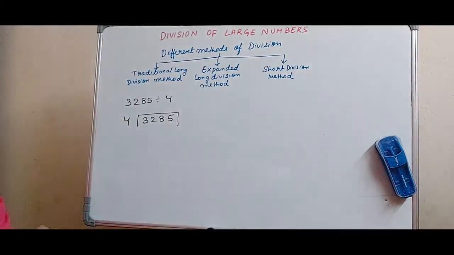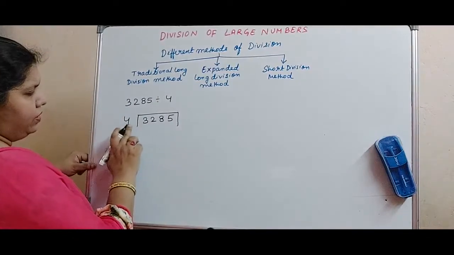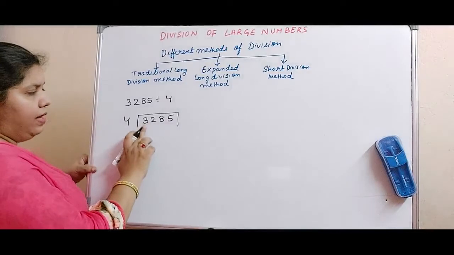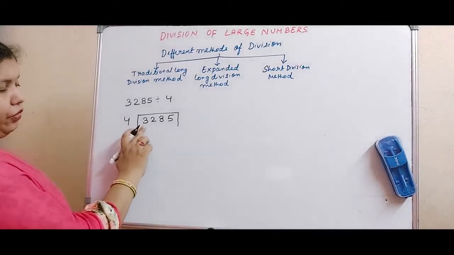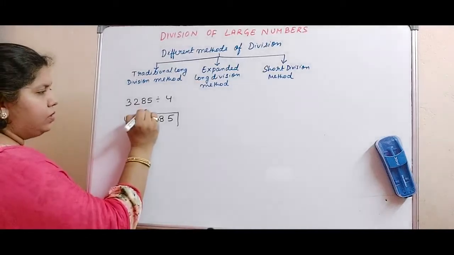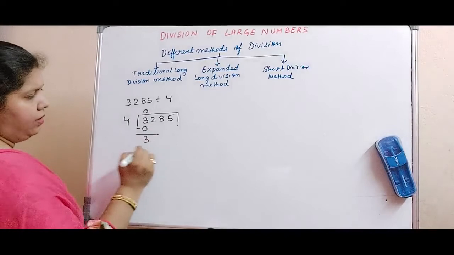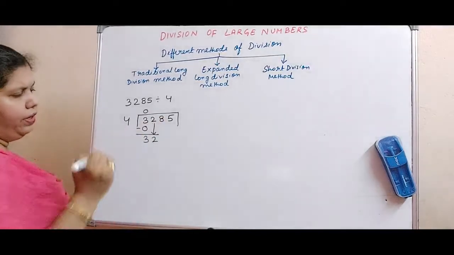First we go with the first digit of the dividend, but you see that 4 ones are 4, which is more than 3. So we take 4 zeros are 0. After subtracting we get 3. Now we pull down the adjacent digit that is next to it.